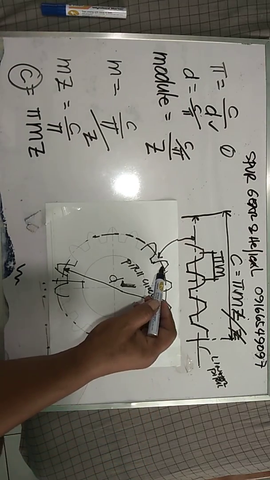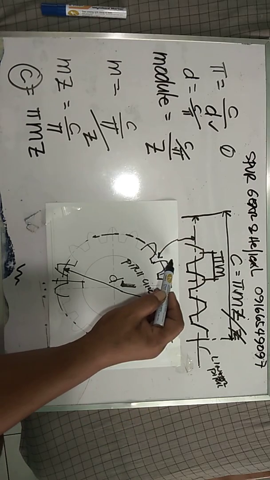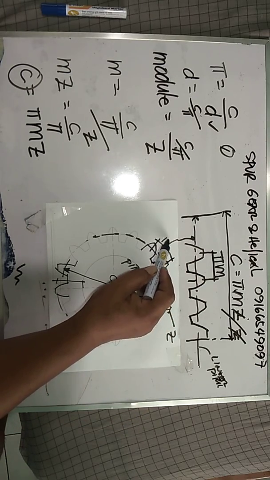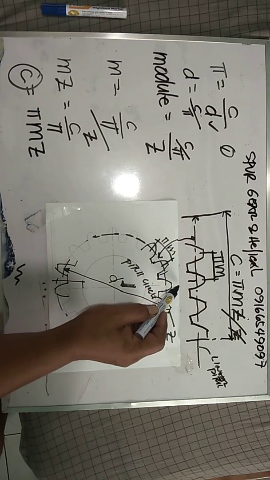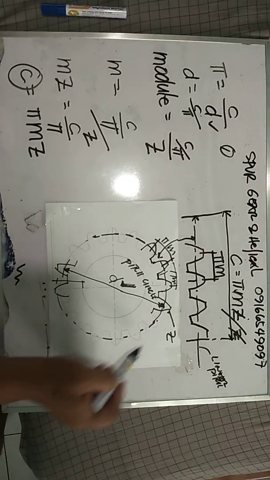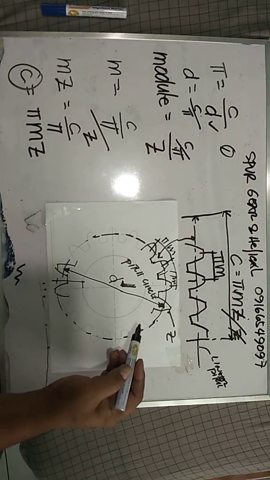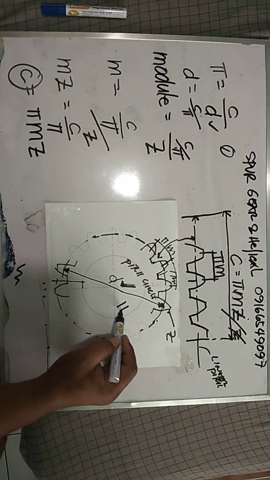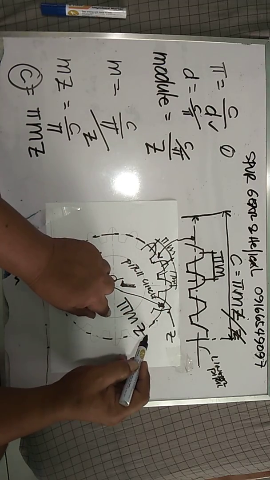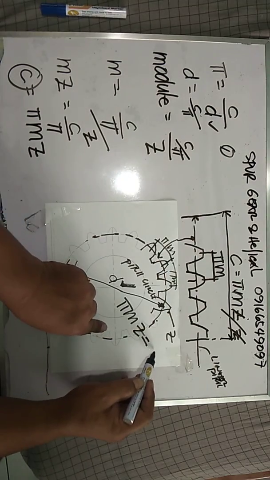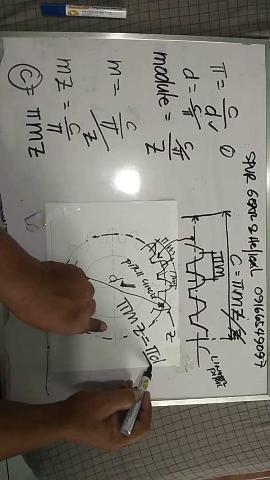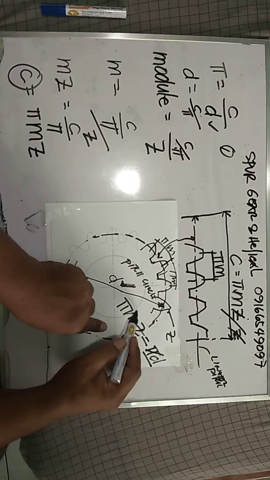Pi times module. So therefore, pi times module times the number of teeth is equal to this one, pi times d, which is equal to circumference. So we cancel out pi.